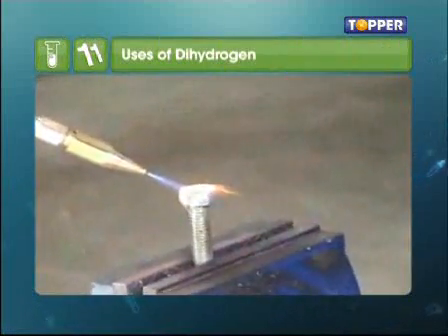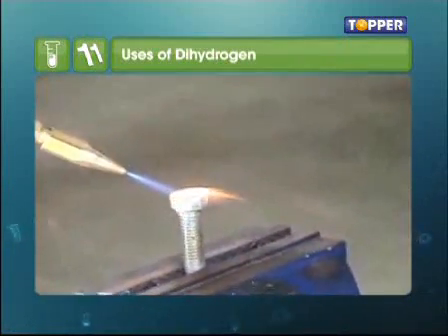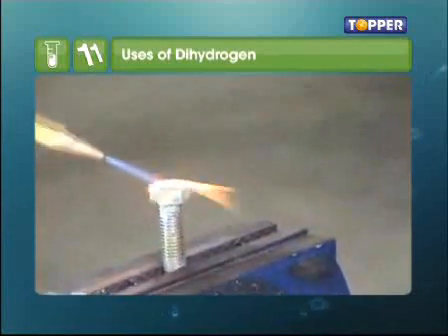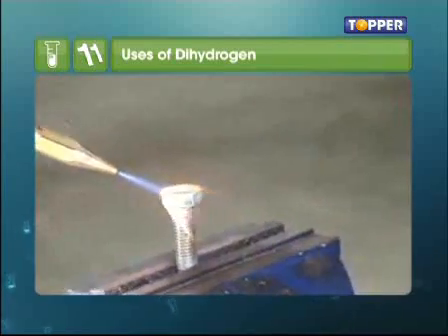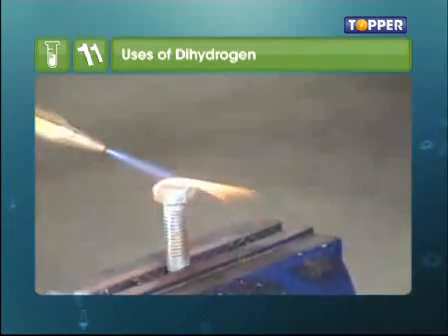So far, we learnt about dihydrogen and its properties. But what about its uses? Hydrogen plays a very vital role in welding and cutting. Atomic hydrogen and oxyhydrogen torches are commonly and widely used for welding and cutting.